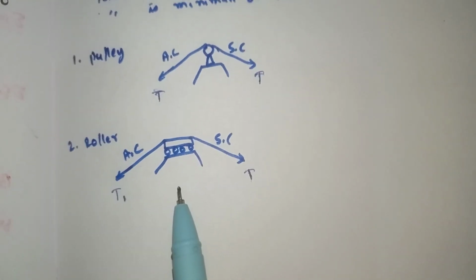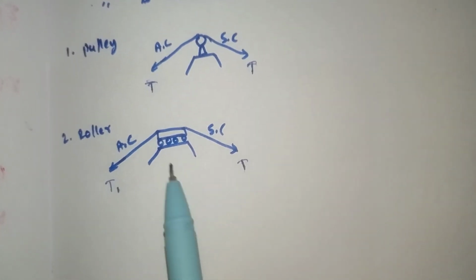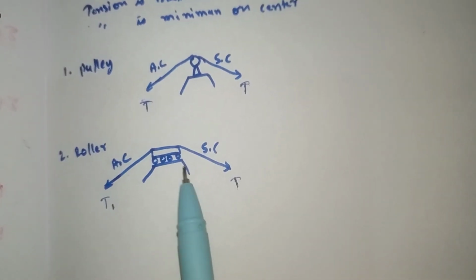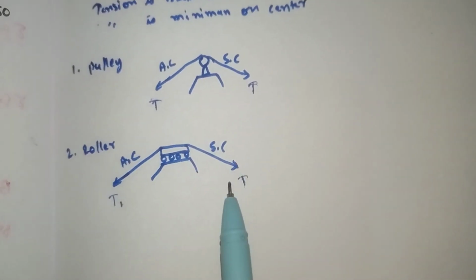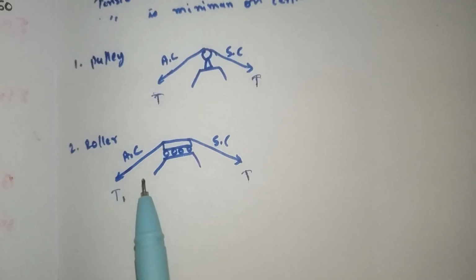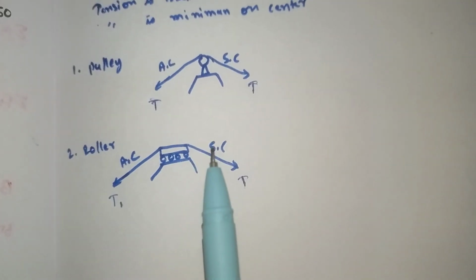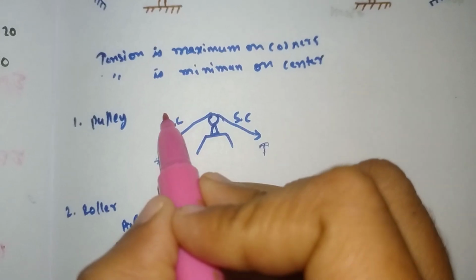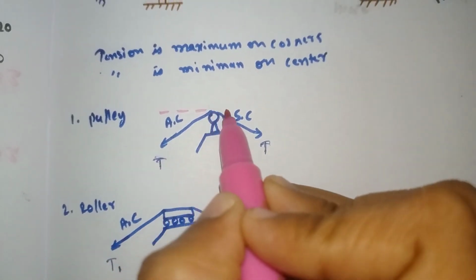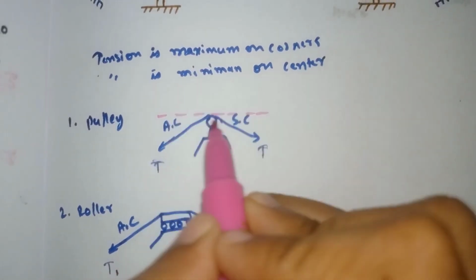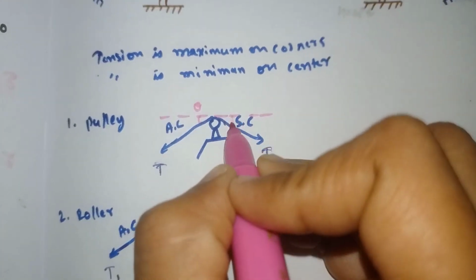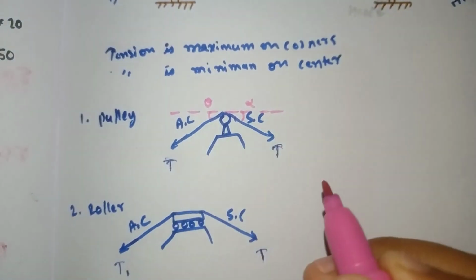Now if you want to calculate the tension, we can't calculate it directly because this is at a certain angle, so it needs a vertical as well as a horizontal component. So if you draw the normal line here, this side angle is called theta and this side angle is called alpha.